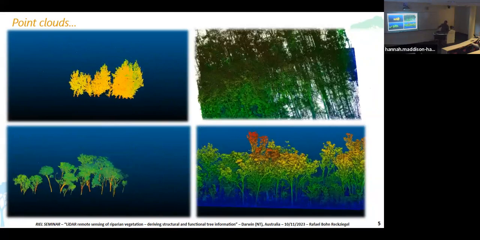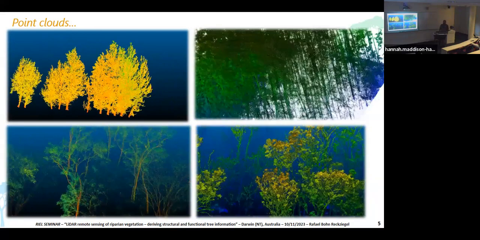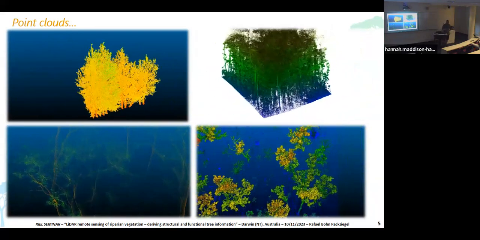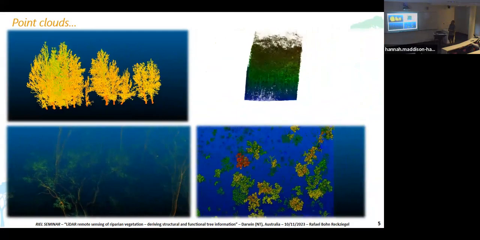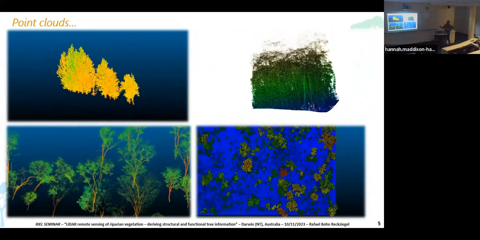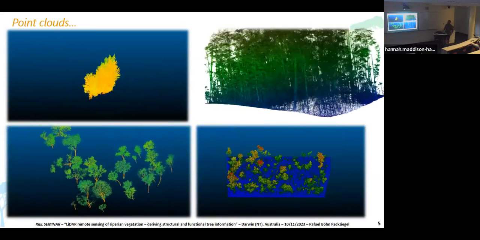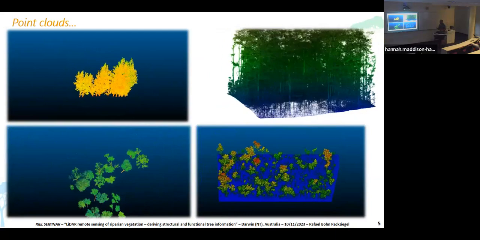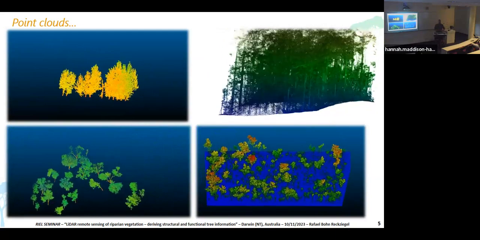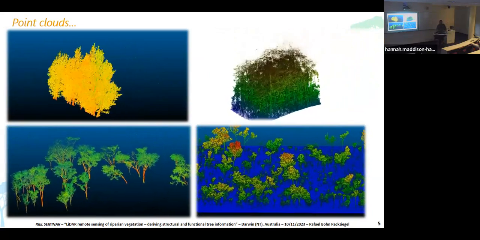And on the bottom on the right, it's from drone-based LiDAR. So you can see it's different. They were also slightly processed in different ways, but the information we can extract from that will be different because of this interaction of LiDAR sensors and vegetation types.